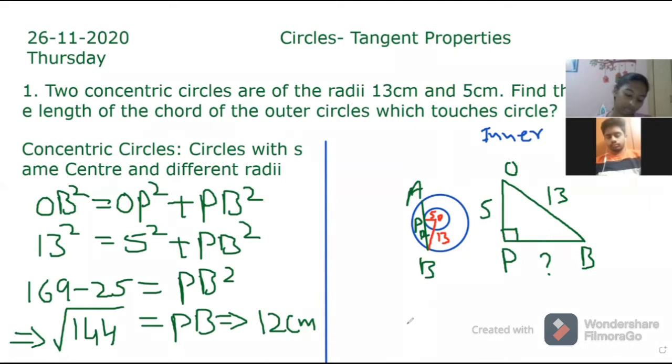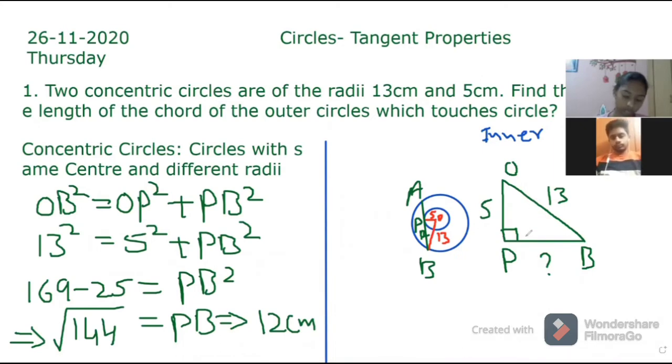As we got PB 12 centimeter, in 9th standard you have learnt a theorem that if we draw a straight line perpendicular to the chord from the center of a circle, it bisects the chord.